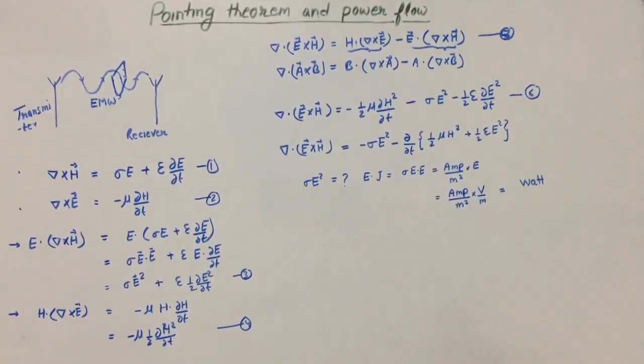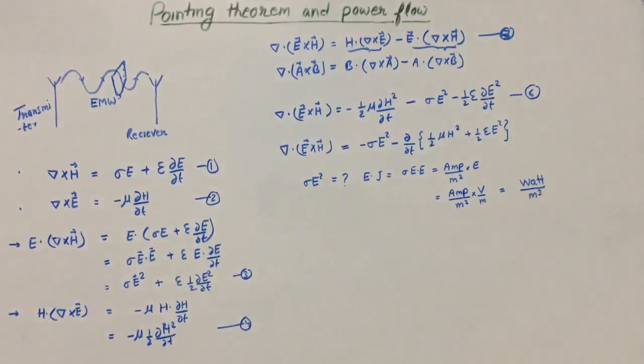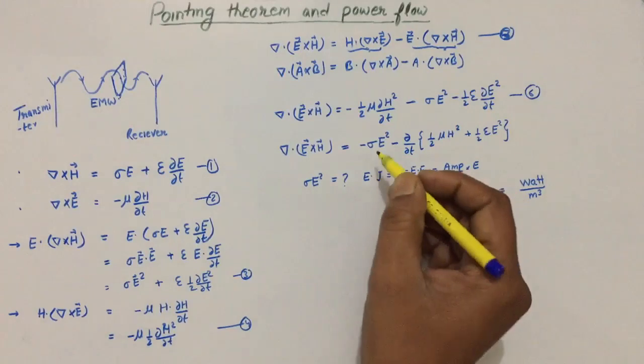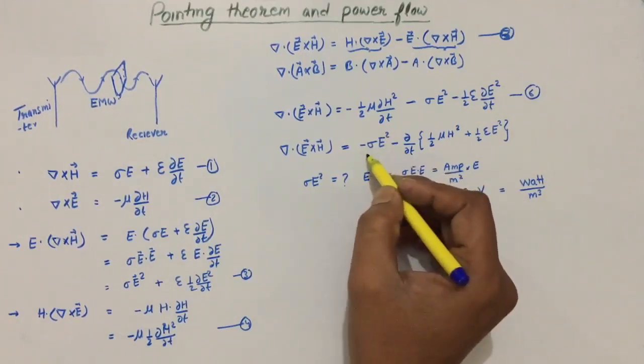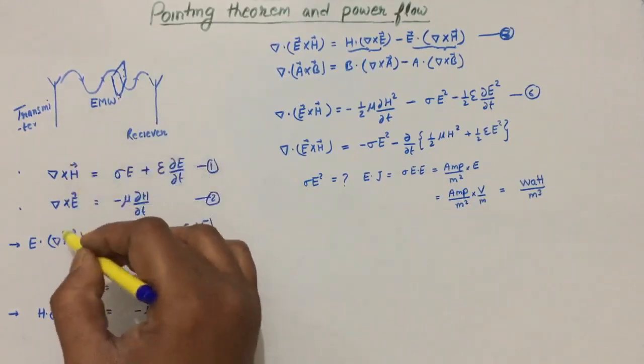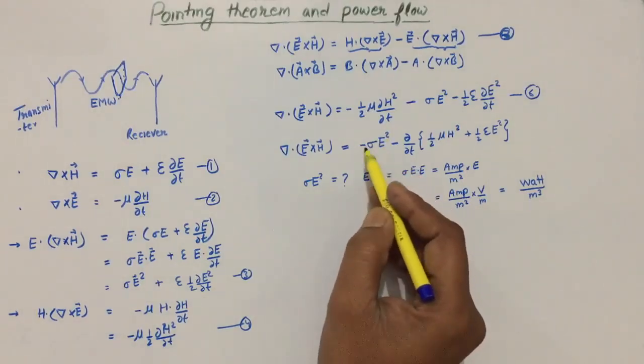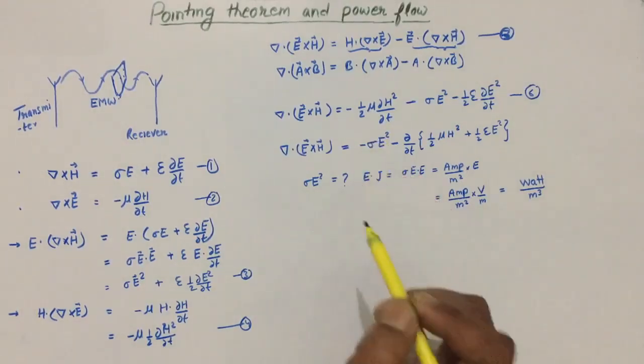That is power per meter cube. What does it mean? This is the power density of this wave which is governed by these equations. So we can say this is the power density of the wave.